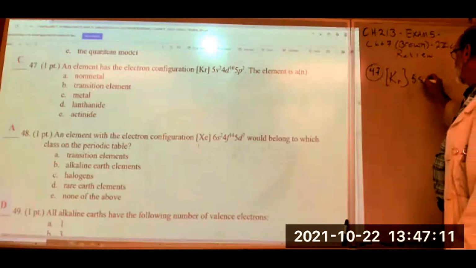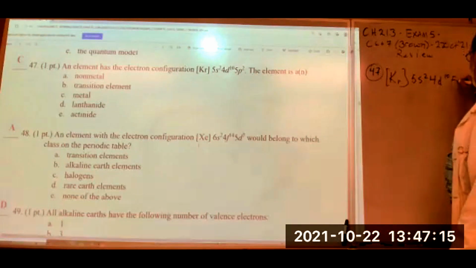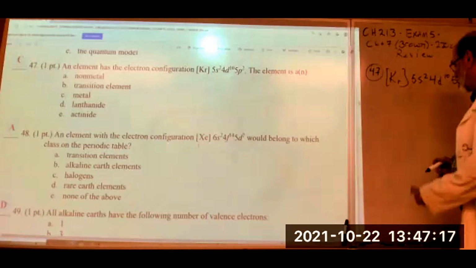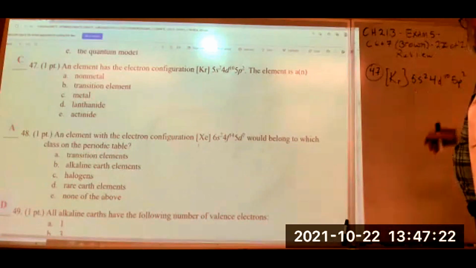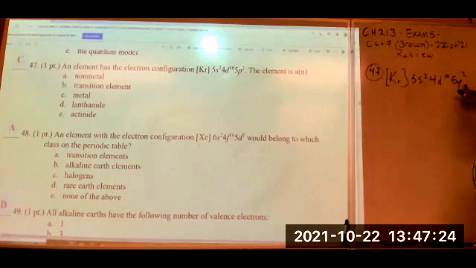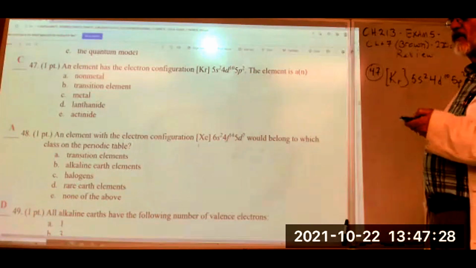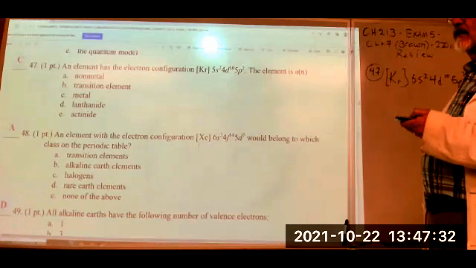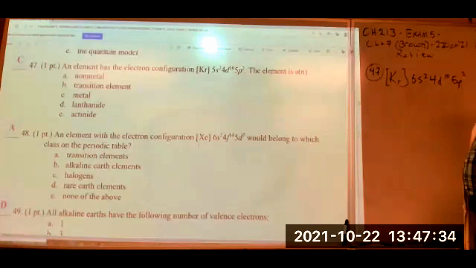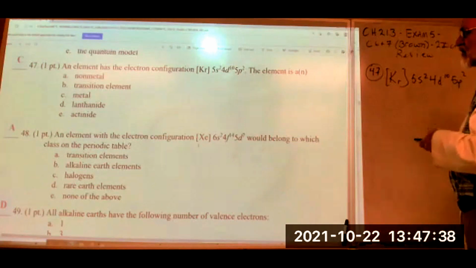Then we have 5s2, 4d10, and 5p2. Right? So I would look at the 5p. Where are you going to find 5p? Well, there's 5. And you go all the way over here. These are the p's. 5p. Wait a minute. We just drew that one. That's 50. So what does that make? What's the best answer for this one?